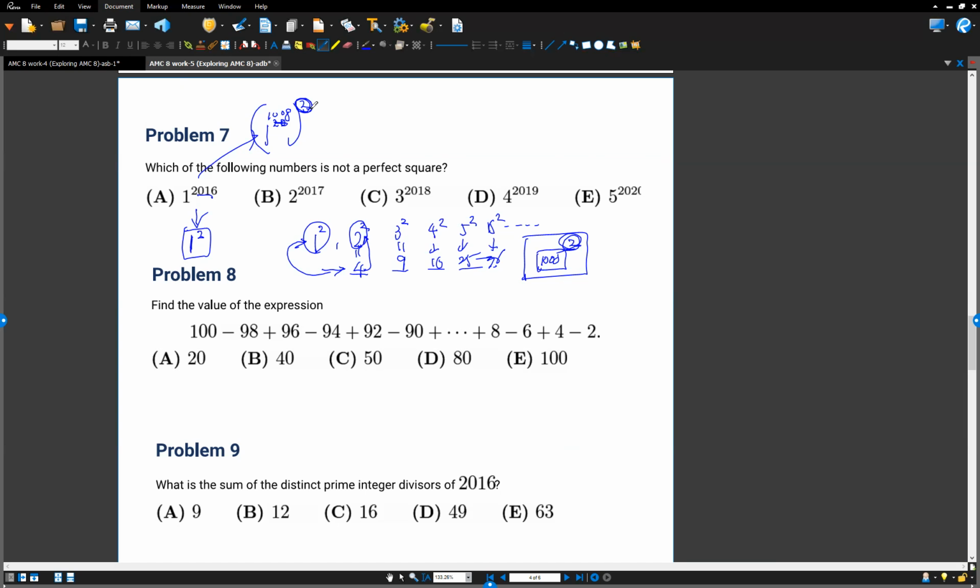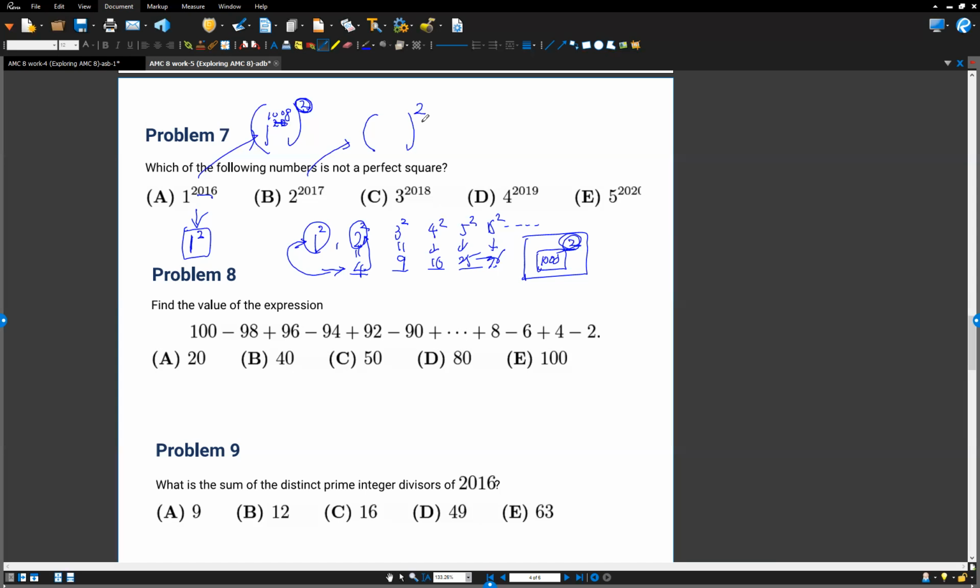What about B? 2 to the what? 2017. Can you change this to the form some number n squared? Is it possible? No. 2017 is not an even number.